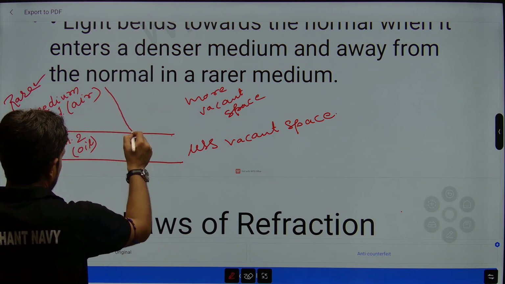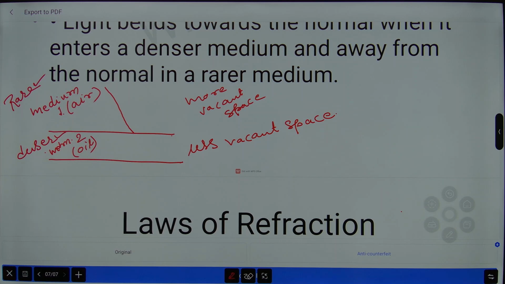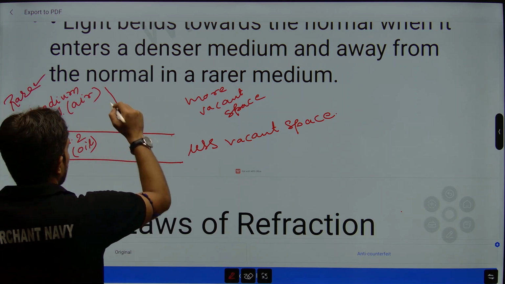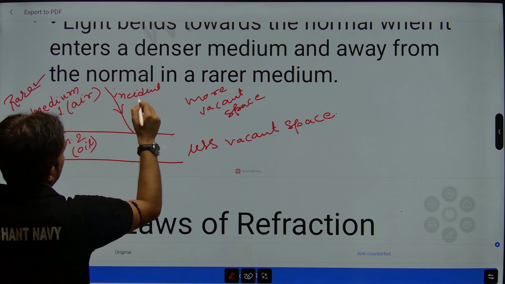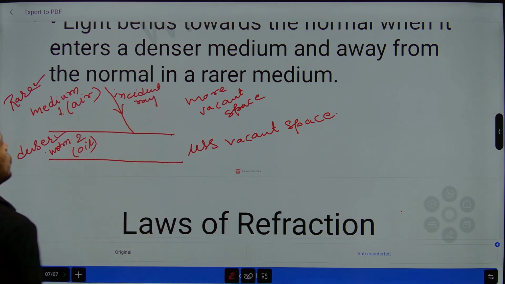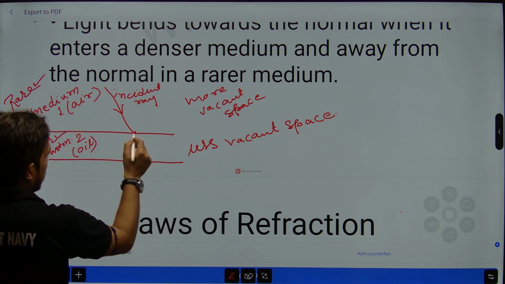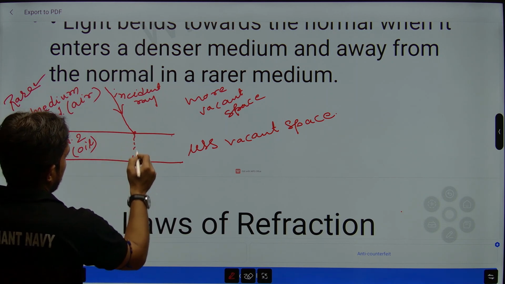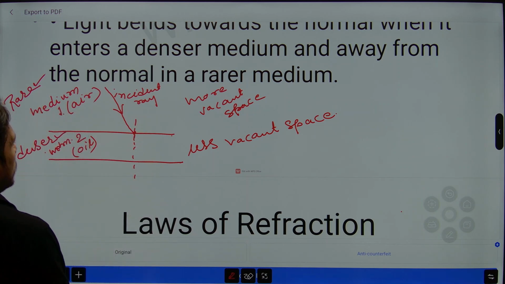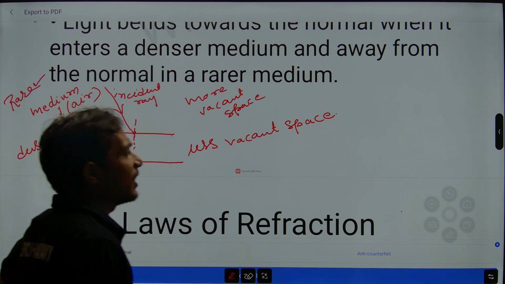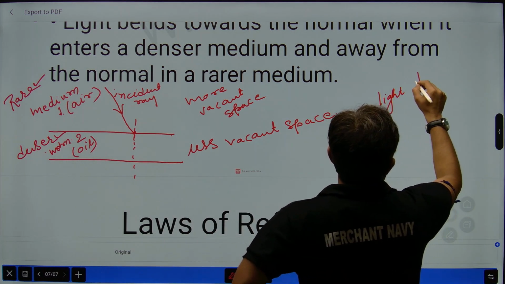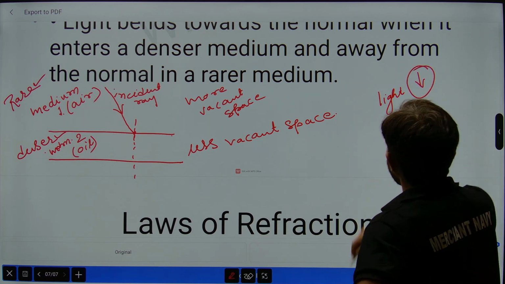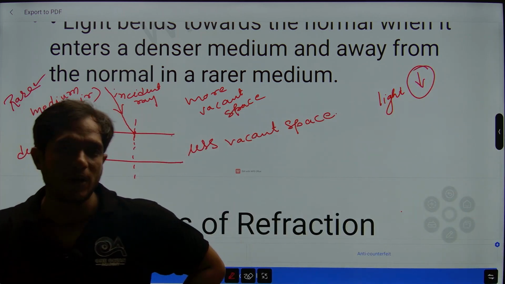Okay. When a ray of light comes from medium first, the coming ray is known as what? Incident ray. So, when a ray of light coming from medium first enters the medium second, the light will go slower, which means the speed of light will decrease.